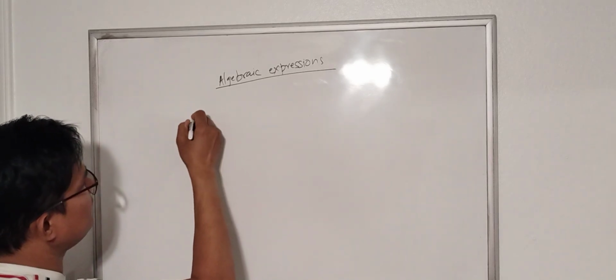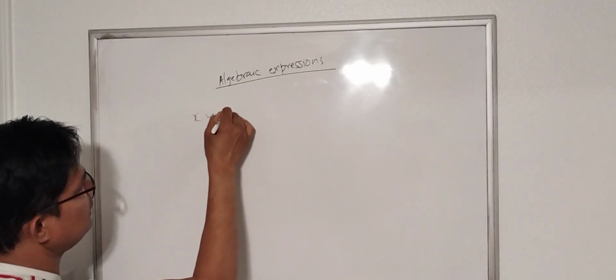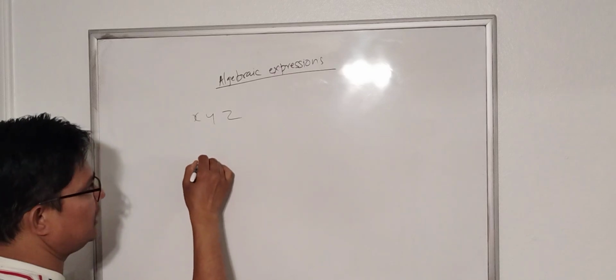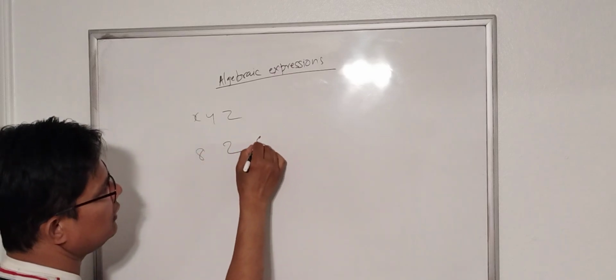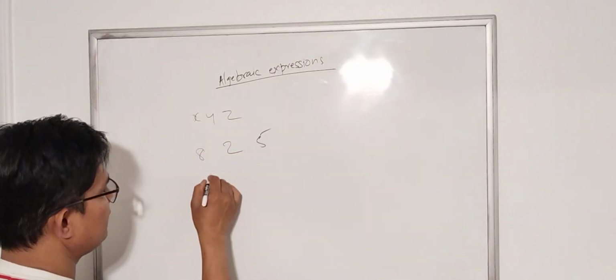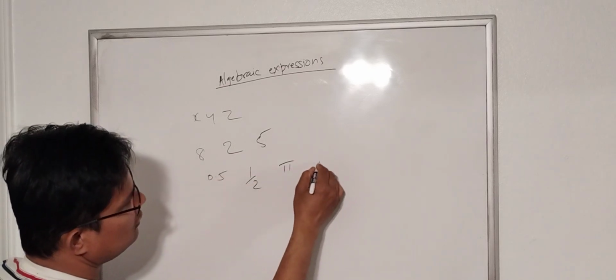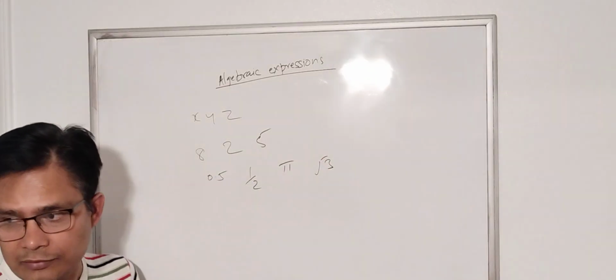So any expression will have your variables, let's say x, y, z, these are the variables, and it will have some constants, let's say 8, 3, 4, any number. It can be even 0.5 or 1 by 2 or pi or square root of 3, any value.